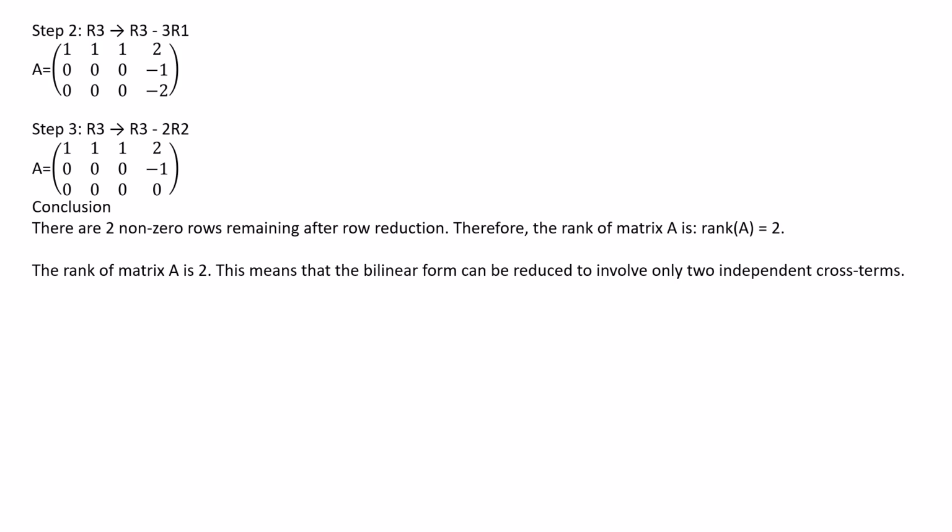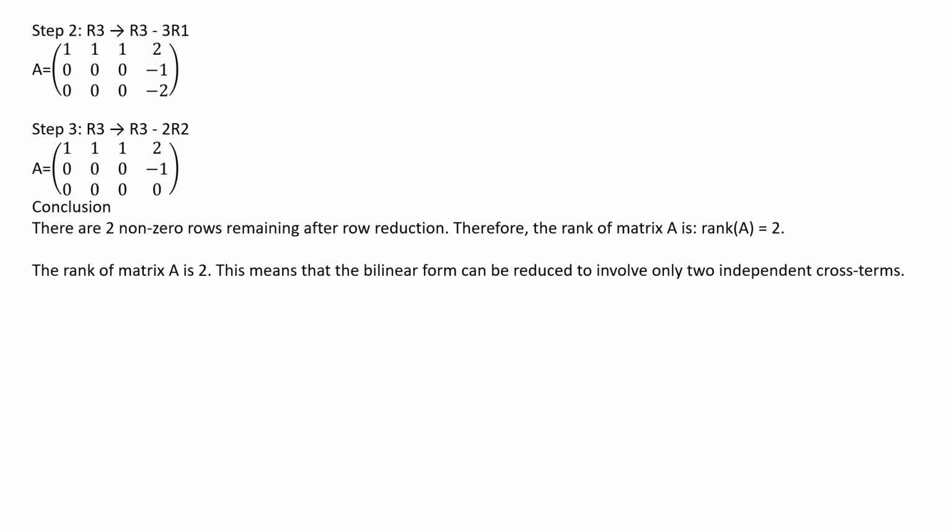So when you do that, you have your result as 1, 1, 1, 2, 0, 0, 0, minus 1, 0, 0, 0, minus 2. The next thing is to get your new row 3 again.